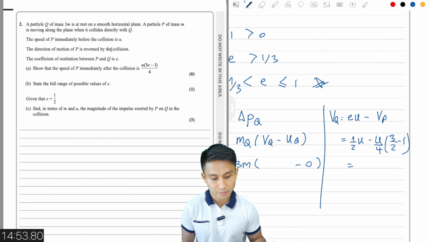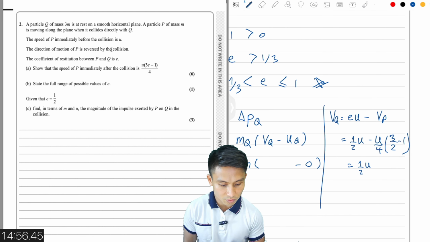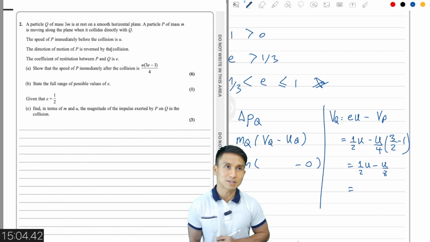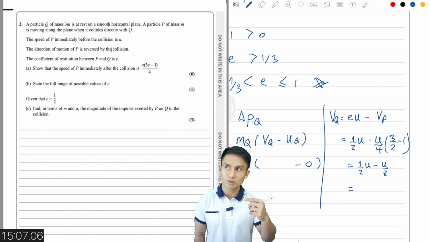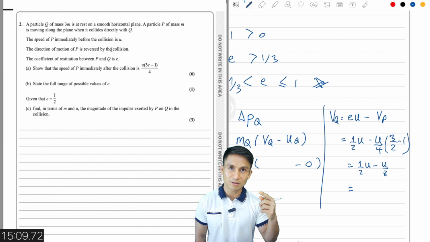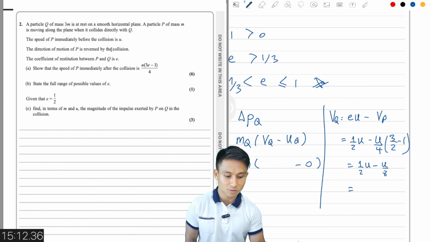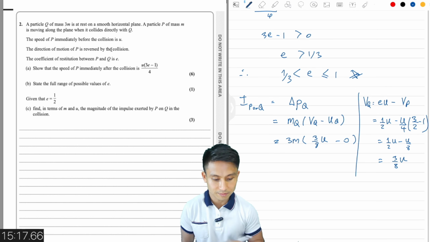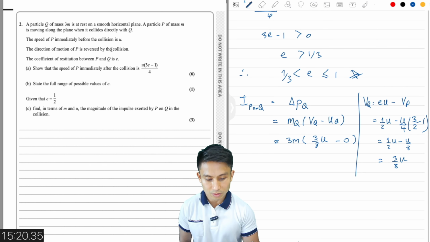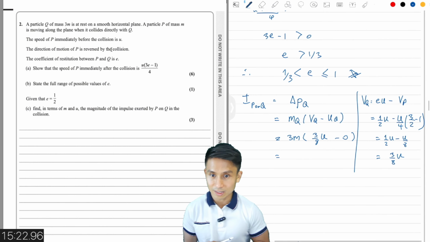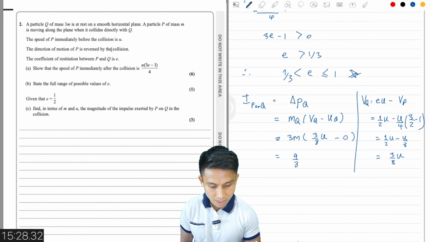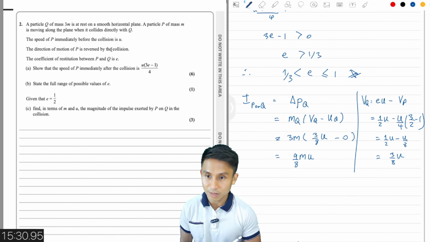So it's 1 over 2 u minus u over 8, because 1 over 2 times 1 over 4 is 1 over 8. So 1 over 2 is 4 over 8, 4 over 8 minus 1 over 8 is 3 over 8. So 3 over 8 u would be the speed vq. And we plug it in here. So we get the impulse exerted by P on Q, which will be 9 over 8 mu, the magnitude.